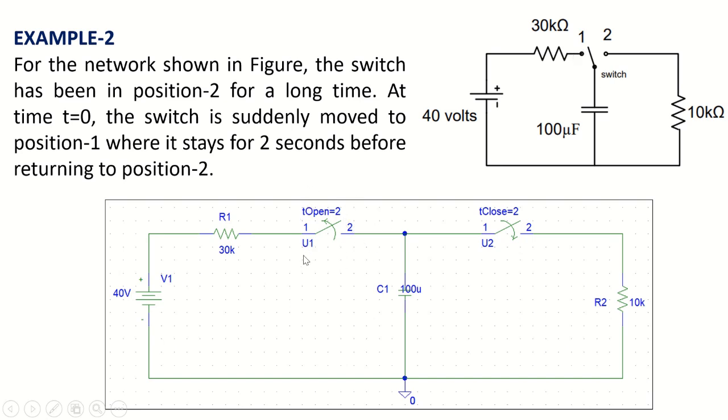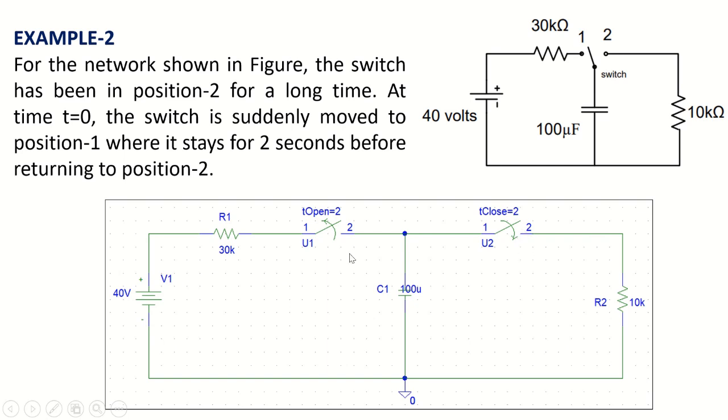I will use the open single pole single throw switch, which opens at 2 seconds. And for the next 2 seconds the switch is moved to position 2, so I am using the closed single pole single throw switch, which closes at 2 seconds.